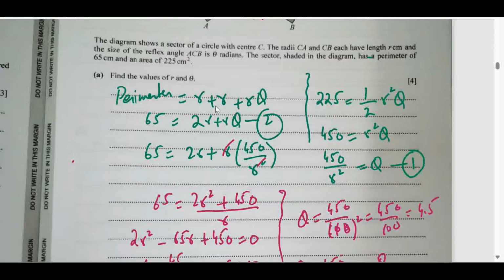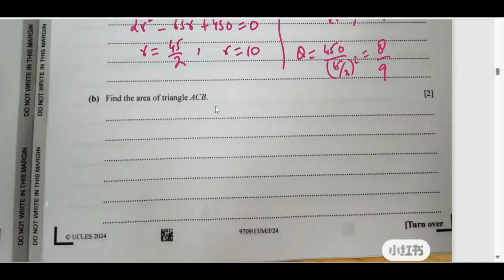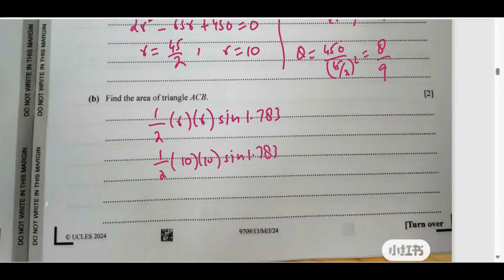So we know that the formula for the area will be equal 1 by 2 r into sine of their included angle 1.783. We know that the value of r is 10. So 1 by 2 into 10 into 10 sine of 1.783.